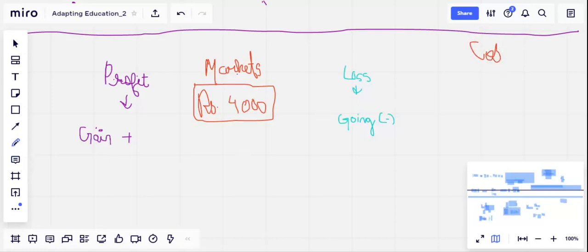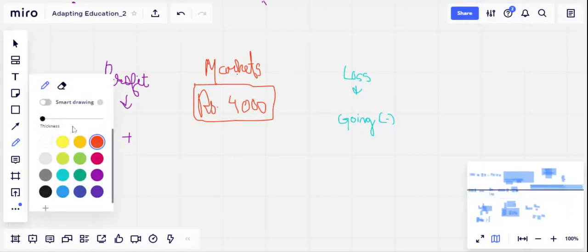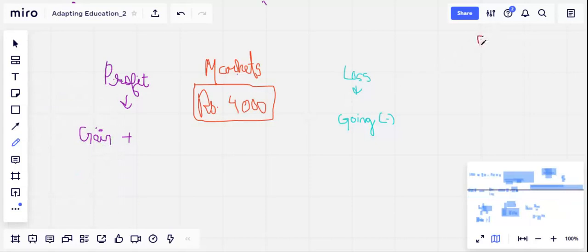Sorry, let me write it again so that it's clear. Cost price, and cost price is denoted by CP. So you bought it for rupees 4,000 and you sold it for rupees 4,100.